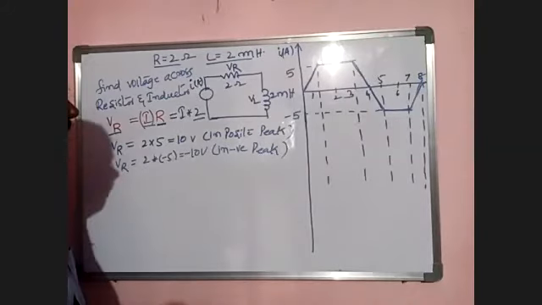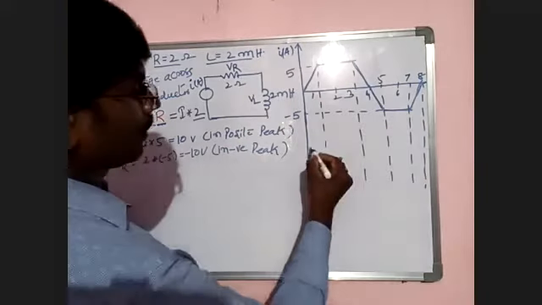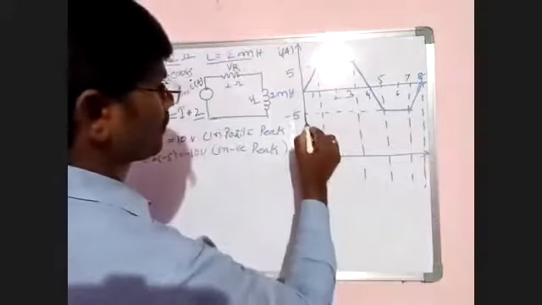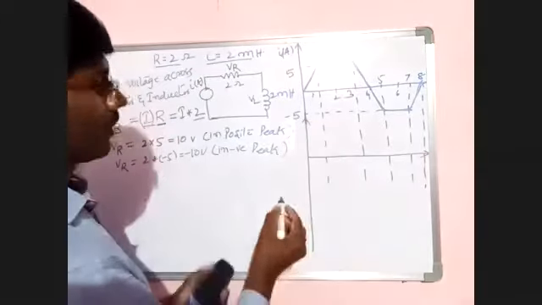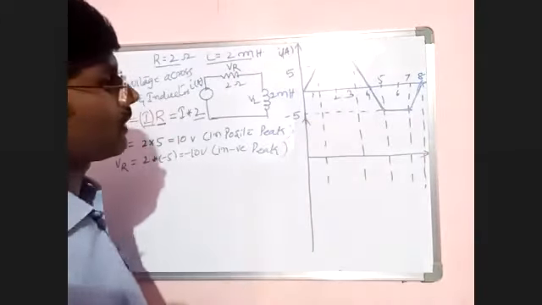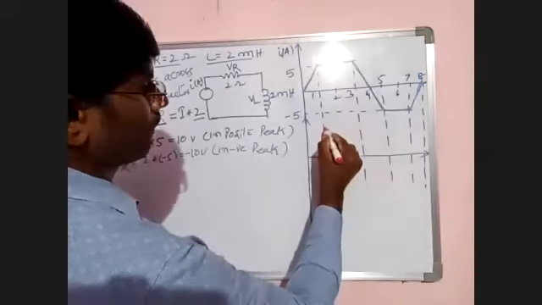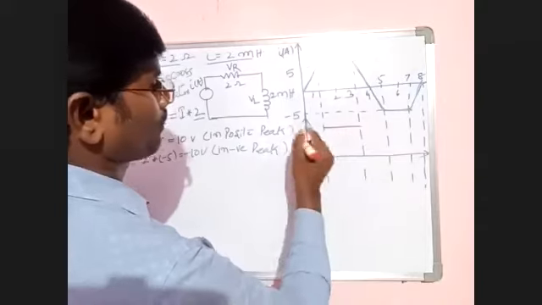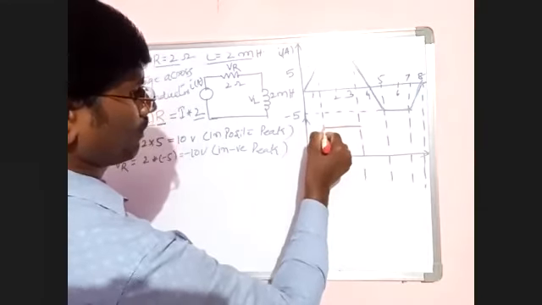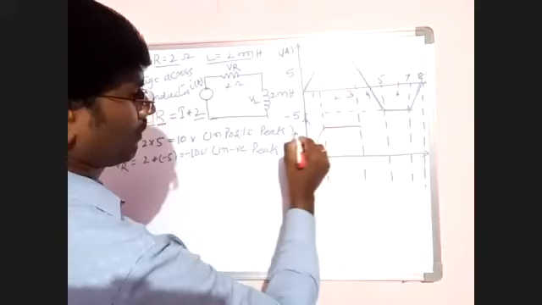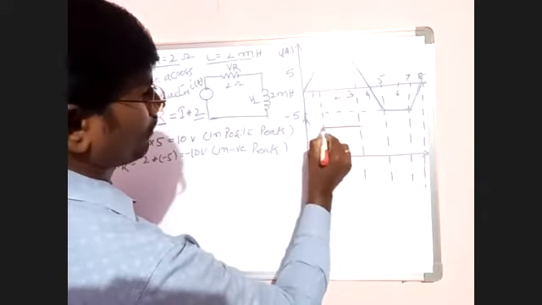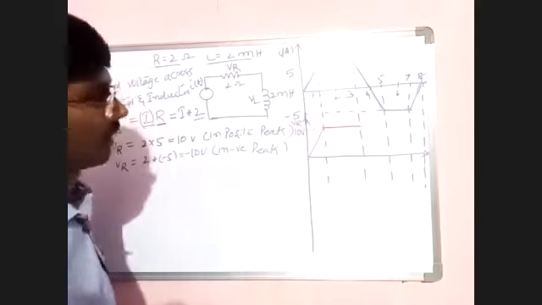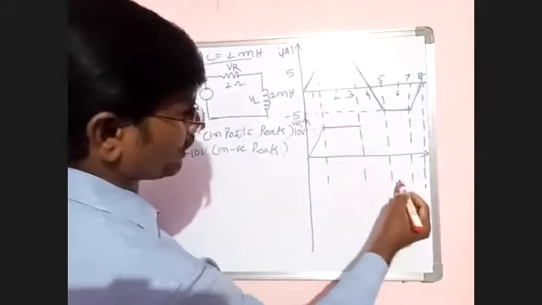So therefore, if you draw VR, it has a positive peak of 10 volts, and -10 volts.